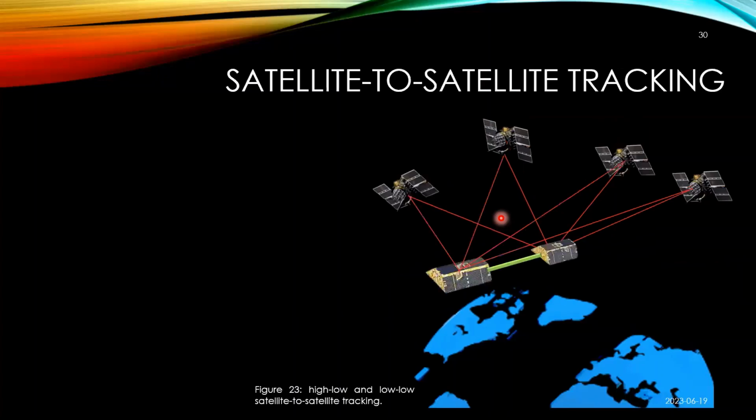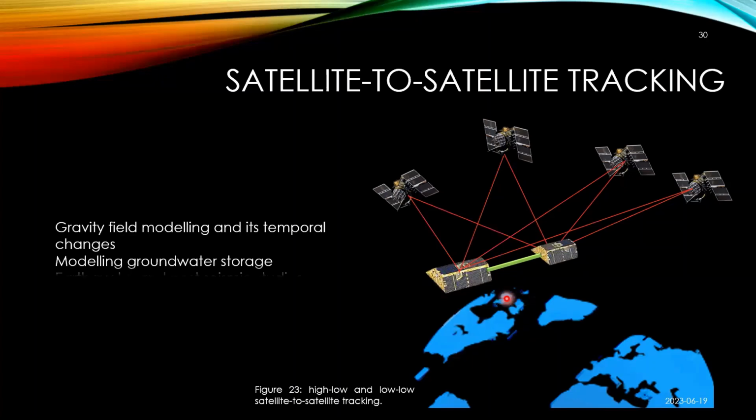Another technique is that we have 2 satellites following each other in an orbit, and the distance between the satellites is measured precisely. In addition, there are GNSS satellites, and we also have some stations here. If we have reflectors on the satellites, we can measure the coordinates of the satellite more precisely, even with the DORIS system.